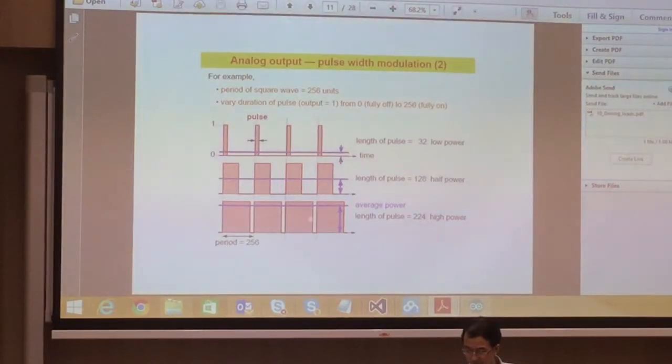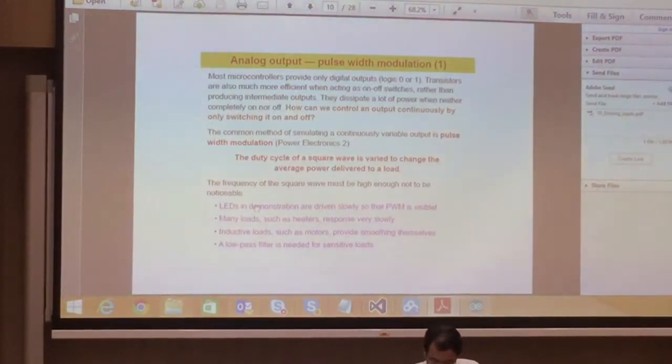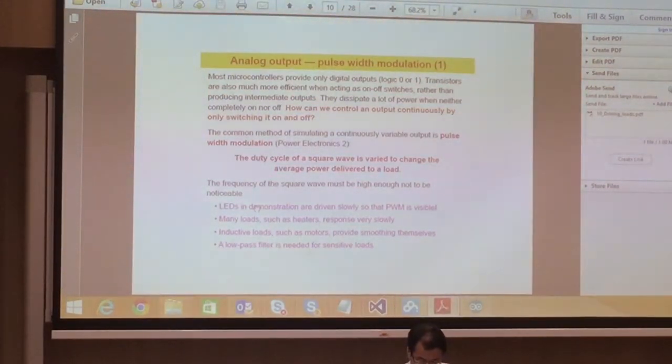For the last case, because most of the time it is on, the duty cycle is close to 90%, 100%, so the average voltage value will be close to VDD. So by changing the duty cycle, we can control the average voltage or average power delivered to the load.